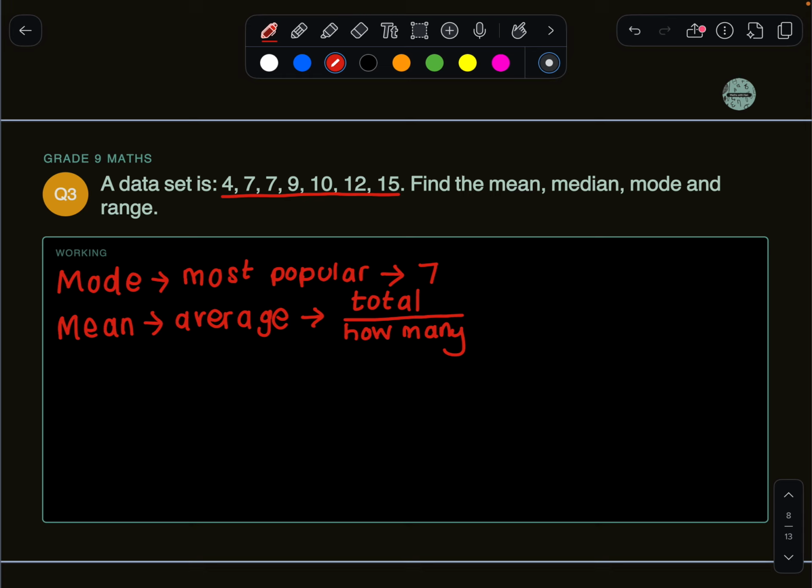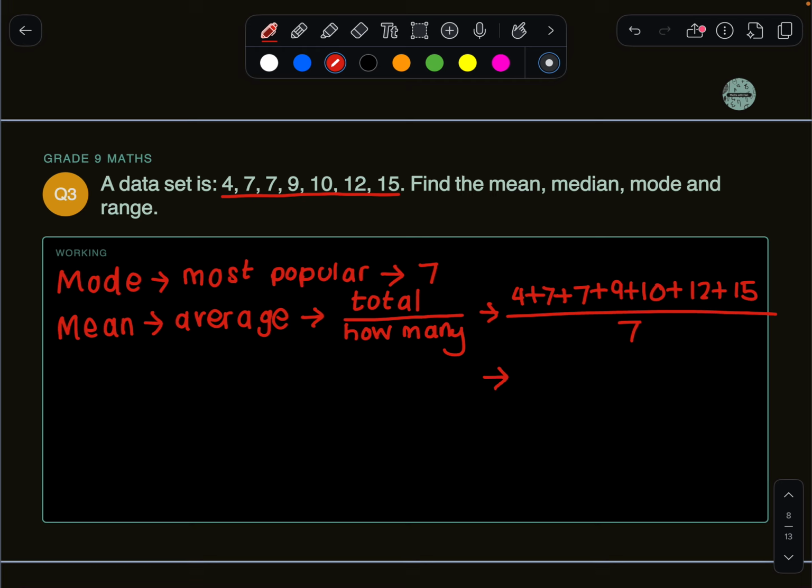Okay, so for this one, it's going to be, we add all of these up. So 4, add 7, add 7, add 9, add 10, add 12, add 15. And we divide it by how many numbers there are. So it's 1, 2, 3, 4, 5, 6, 7 numbers. And that is what we're going to work out.